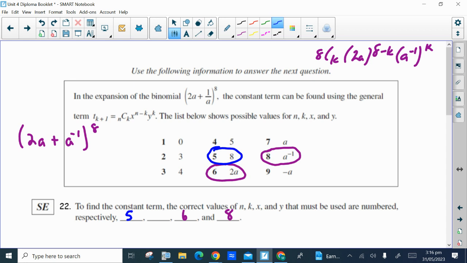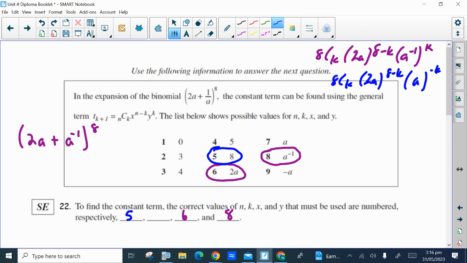So if we figure that out, we'll have 8Ck, we'll have 2a to the 8 minus k, and the second one will be a to the negative k.